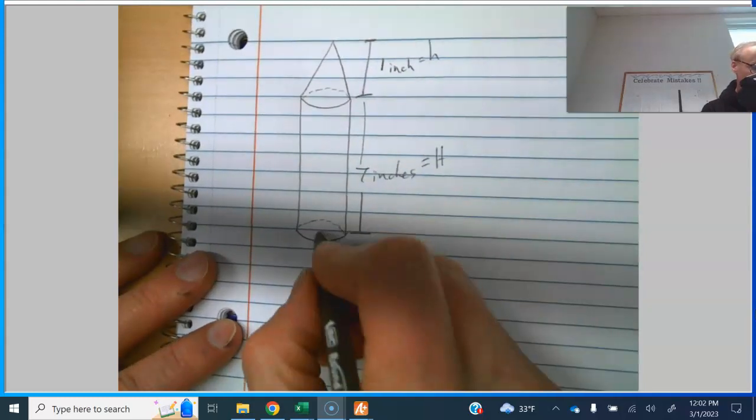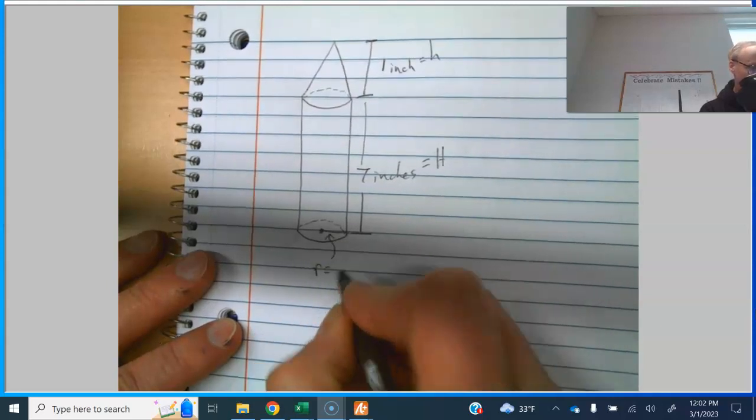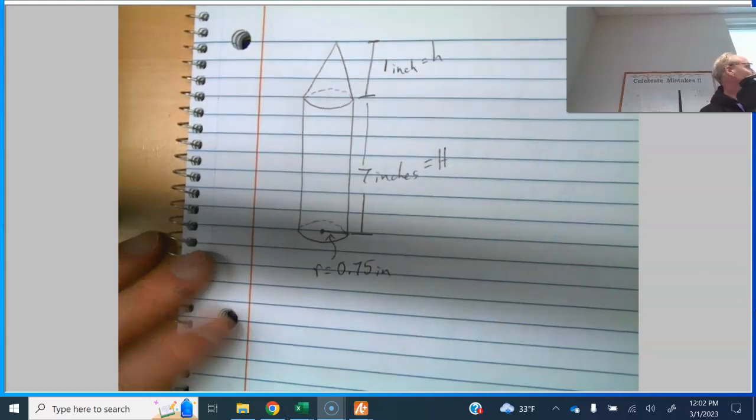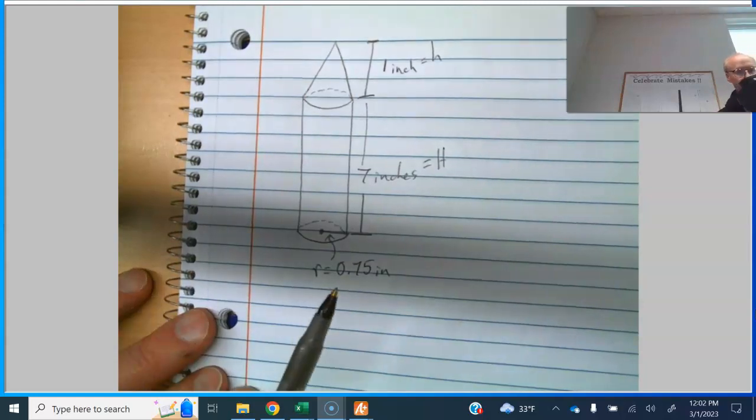And the radius is 0.75. I think I wrote it as 3/4 on the board, but you want to be able to convert it if you want to.